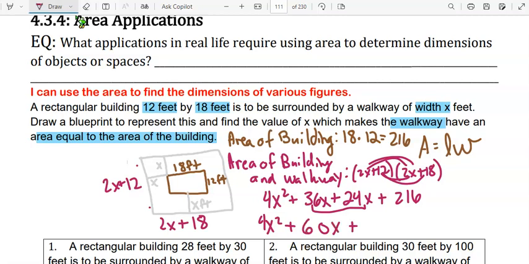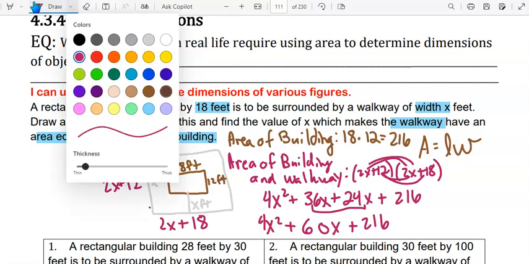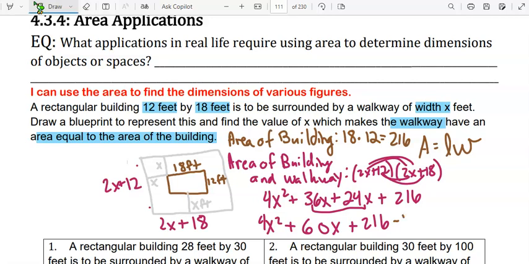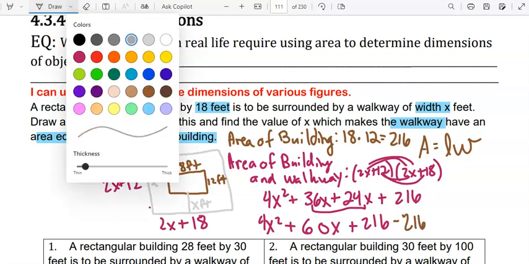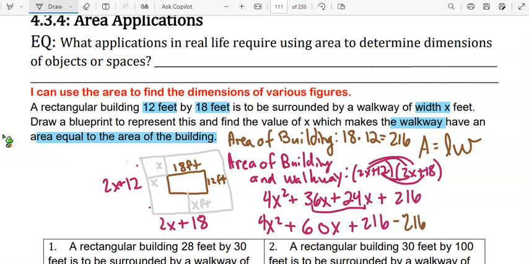You get this. Now if this is the area of the walkway and the building, and the building was 216, if we took 216 away, you would have 4x squared plus 60x for the area of the walkway.